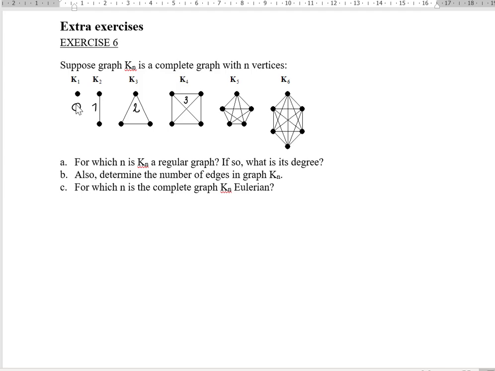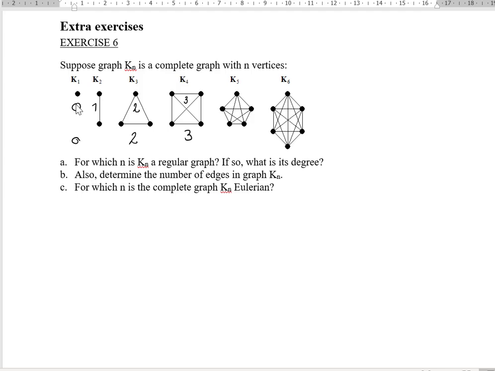The degree is the same as the amount of edges one vertex has. So, for instance, the degree of K3 is 2, and the degree of K4 is 3, because every vertex has 3 edges.